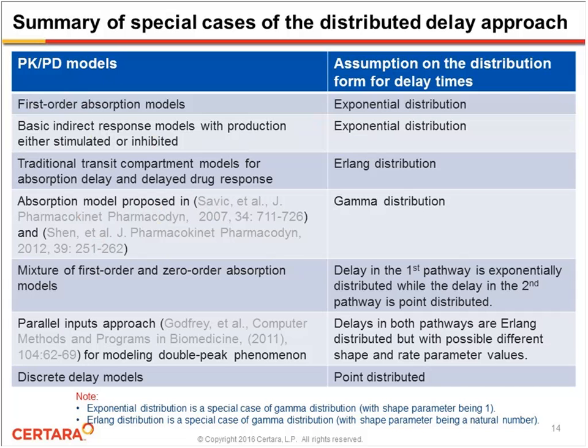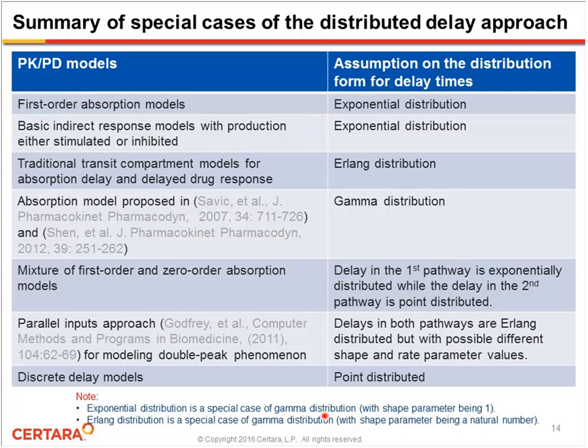And for the mixture of first-order and zero-order absorption model, it assumes that the delay in the first pathway is exponentially distributed, while the delay in the second pathway is point distributed. Now for the parallel input approach proposed by Godfrey for modeling the double peak phenomenon, it assumes that the delays in both pathways are Erlang distributed, but with possibly different shape and rate parameter values.